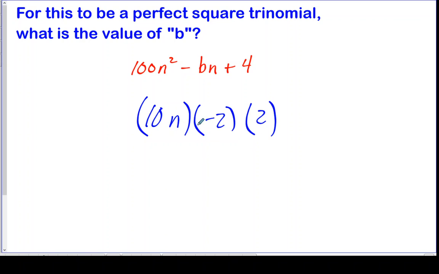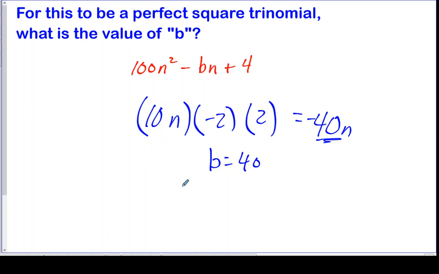So 10 times negative 2 is negative 20. Negative 20 times 2 is negative 40. So we know then that when this middle term is negative 40n, it'll give us a perfect square trinomial. So the b value would have to be negative 40.